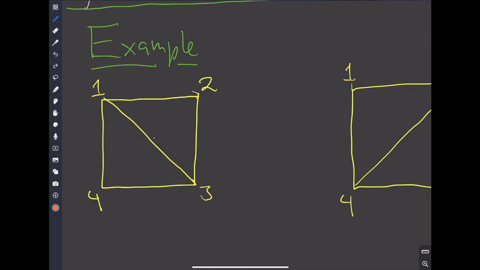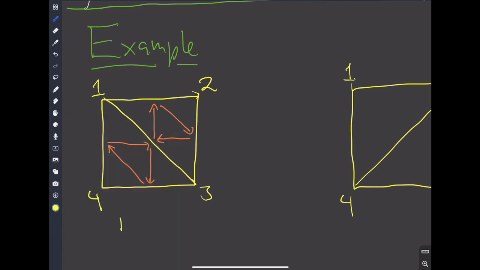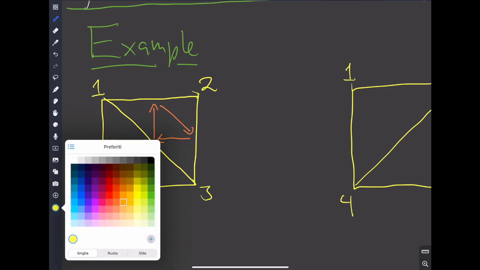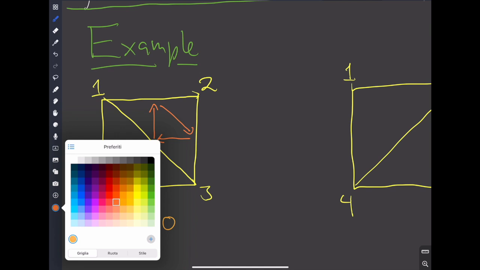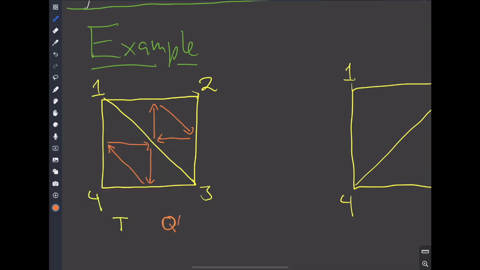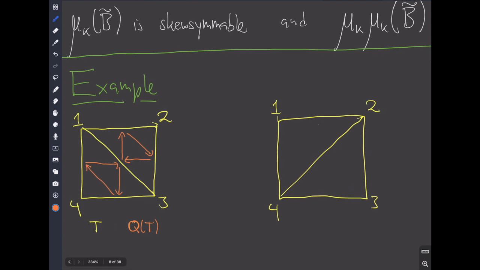And then within each triangle, I draw arrows in the clockwise sense. So that's how the quiver of the triangulation would look. So you have the triangulation T, and the quiver Q of T, and this I can do for any of the triangulations.